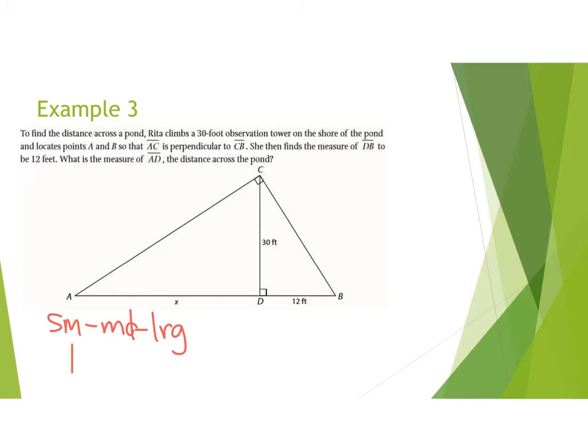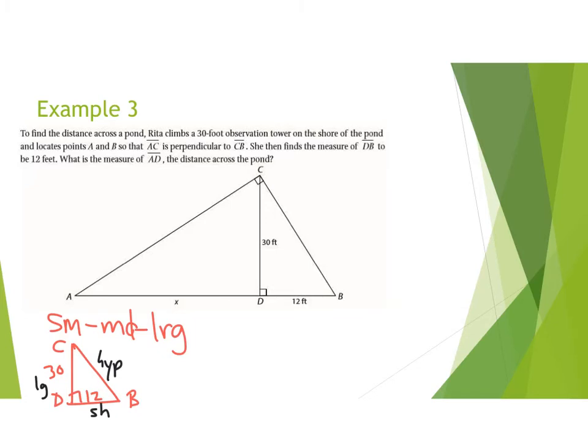I know already that it's going to be the small and the medium triangles we need, so I'm going to draw a small triangle CDB, and let's get the 30 and the 12 on there. Also, the fact that that's short, long, and hypotenuse.